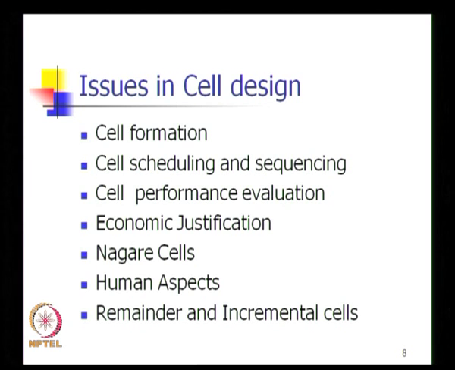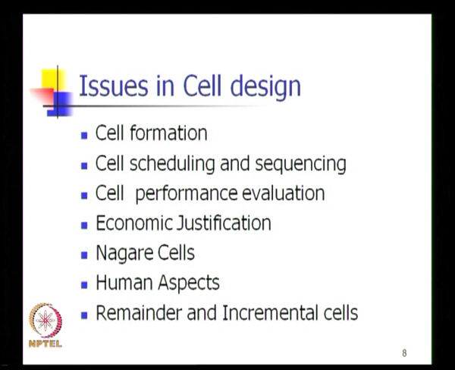There could also be a need for other support things such as fixtures, which may have to be designed or created for the parts as they are operated on newer machines. So there is a certain cost that goes in, even though the cost is not very high. So there is an economic justification with respect to making these cells, and that has to be made.